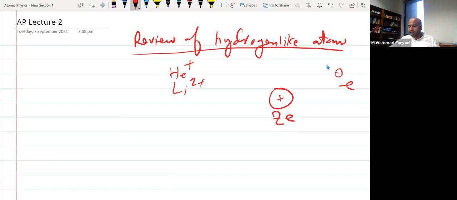For example, the excitons that are formed by electron-hole pairs in semiconductor materials can essentially be treated like this, like two elementary particles of different charges existing in the vicinity of each other. Temporarily, they can also form a bound pair of negative and positive charge. So that essentially becomes a hydrogen-like atom.